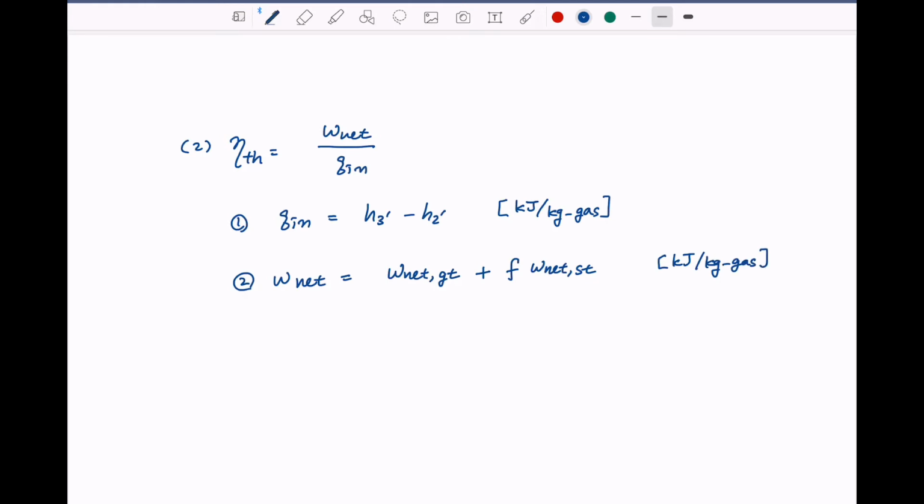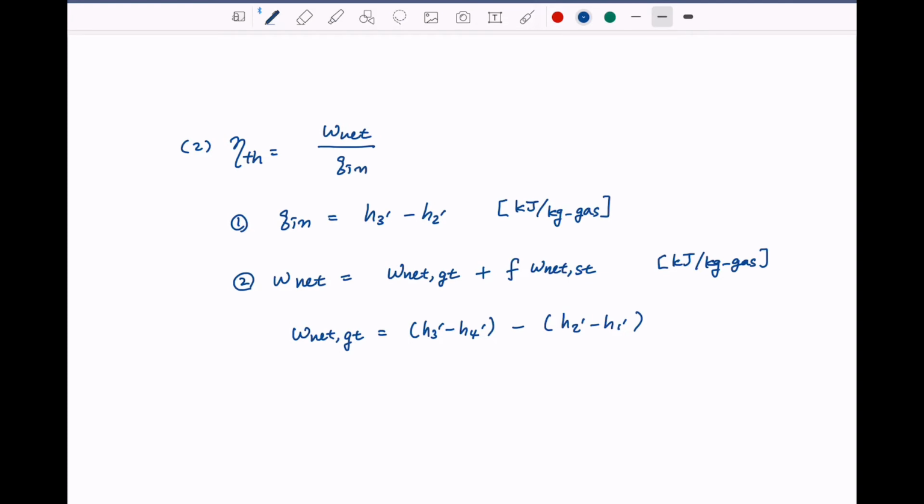Okay. Now net work of the gas turbine is H3 prime minus H4 prime and minus now compressor work, H2 prime minus H1 prime. Okay. So in order to calculate these turbine work and compressor work, we have to go through the turbine efficiency and compressor efficiency.